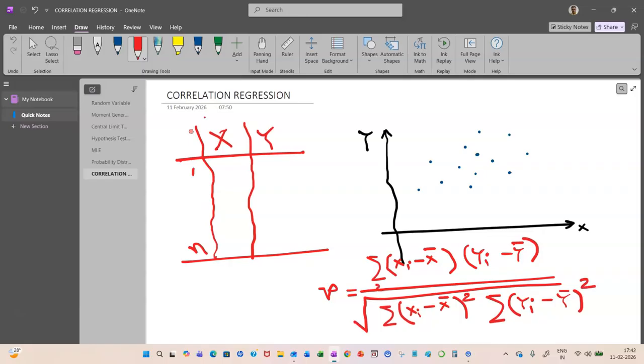All sums are over i equal to 1 to n. It's a sort of covariance: the covariance of x and y divided by root over variance of x into variance of y.